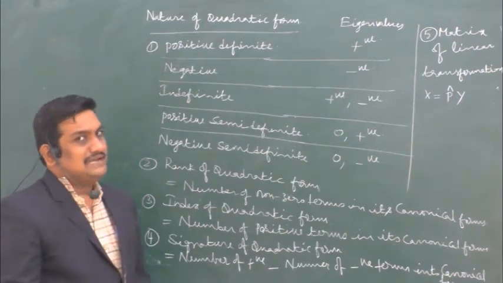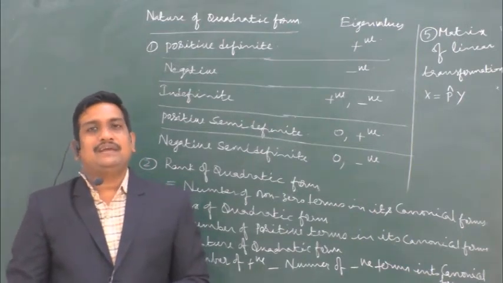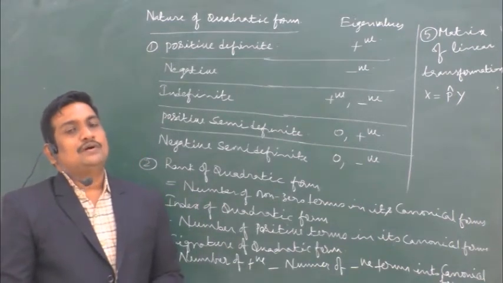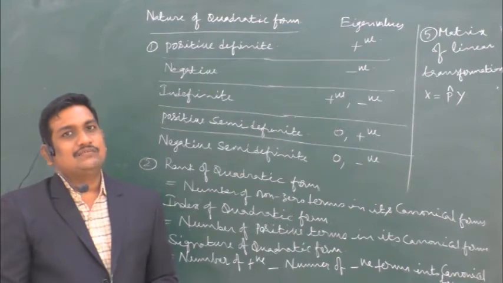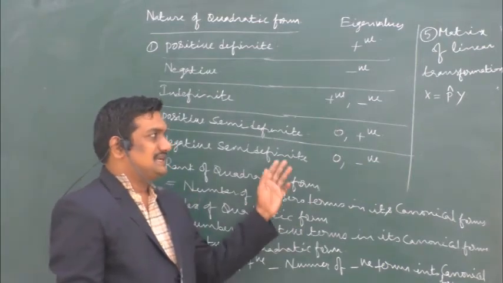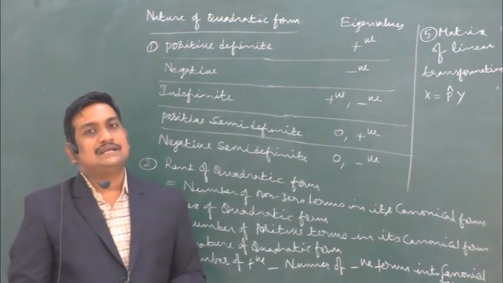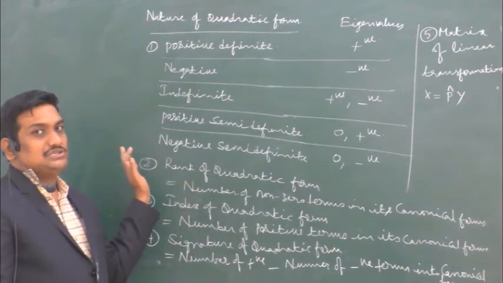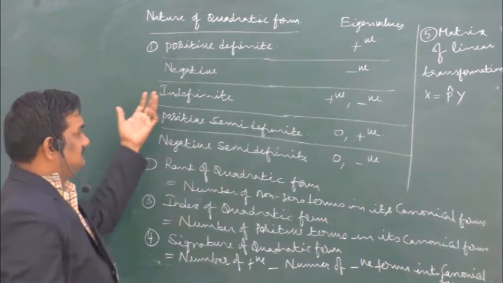P cap is the normalized model matrix. It is obtained from the model matrix by dividing each element of a column of the model matrix by its length. So x equals P cap y represents the matrix of linear transformation. This all comes under the nature of quadratic form.